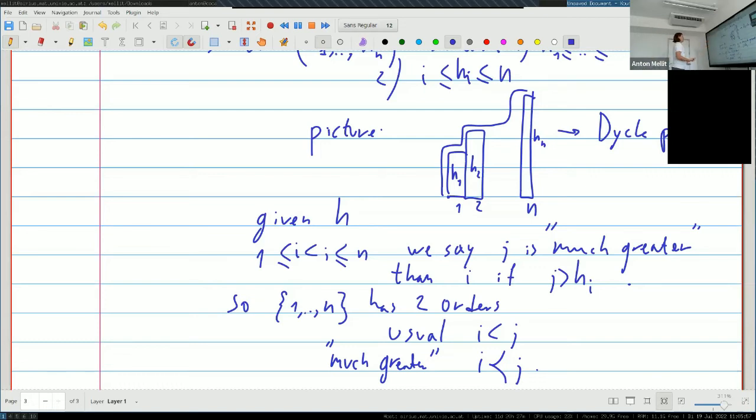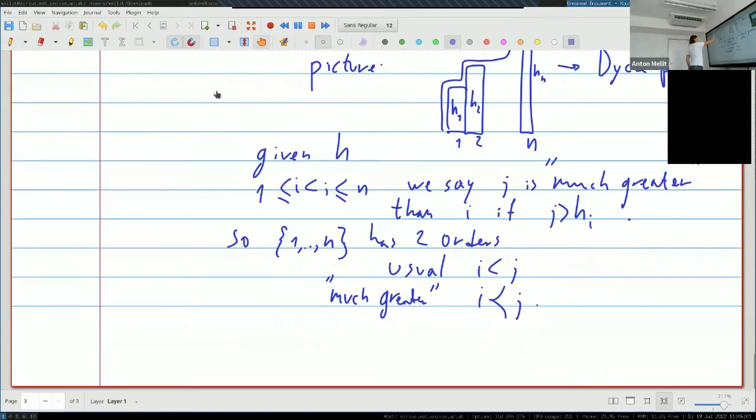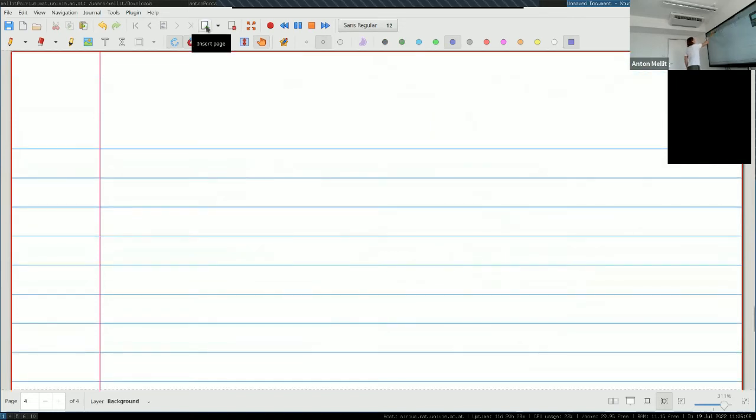And now I will combine these two things and explain what I want to enumerate. So what do we enumerate?